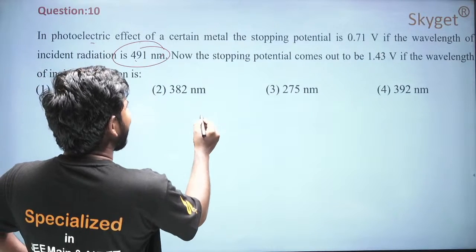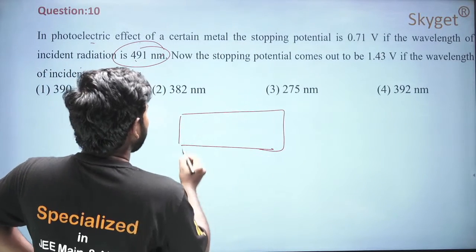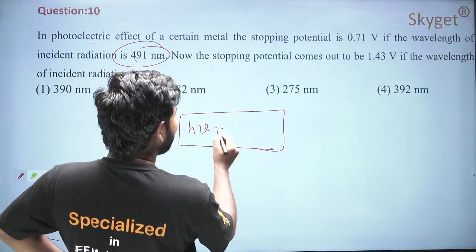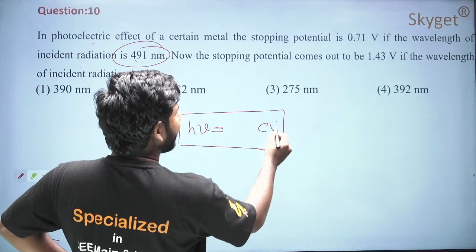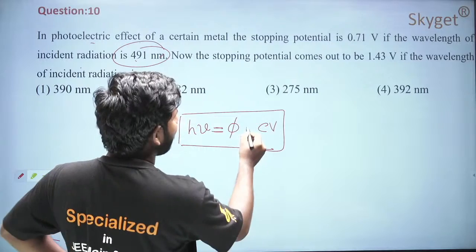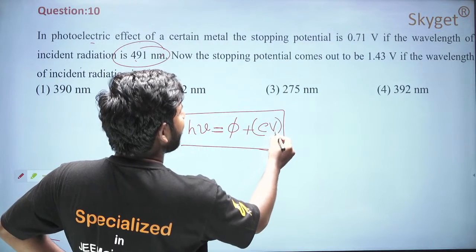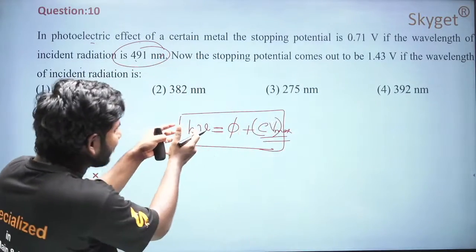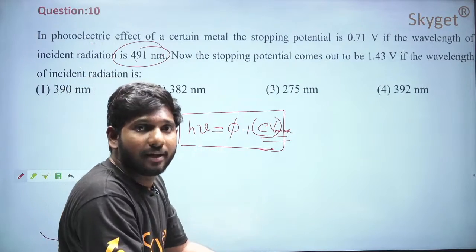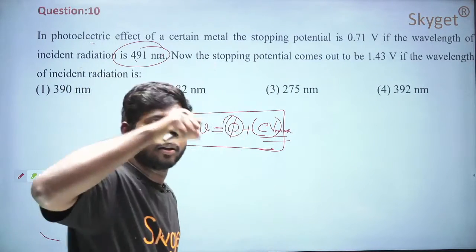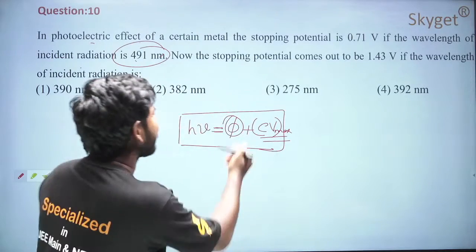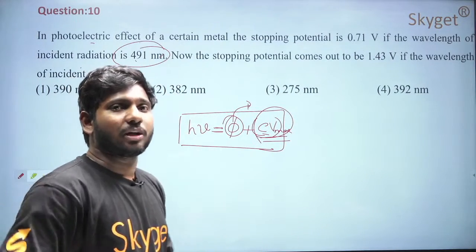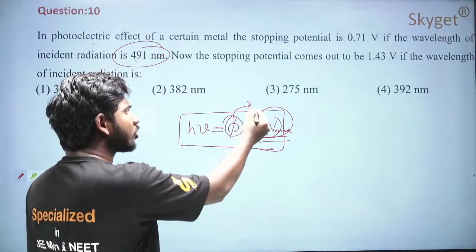So what we can say by using the photoelectric equation is that incident energy is equal to the work function of the material plus the maximum kinetic energy, eV max. Whatever energy the photon gives will be used up in removing the electron from the metal, that is the work function of the metal, and eV max is the kinetic energy of that electron after being removed. So the total energy is used up in these 2 parts, students.